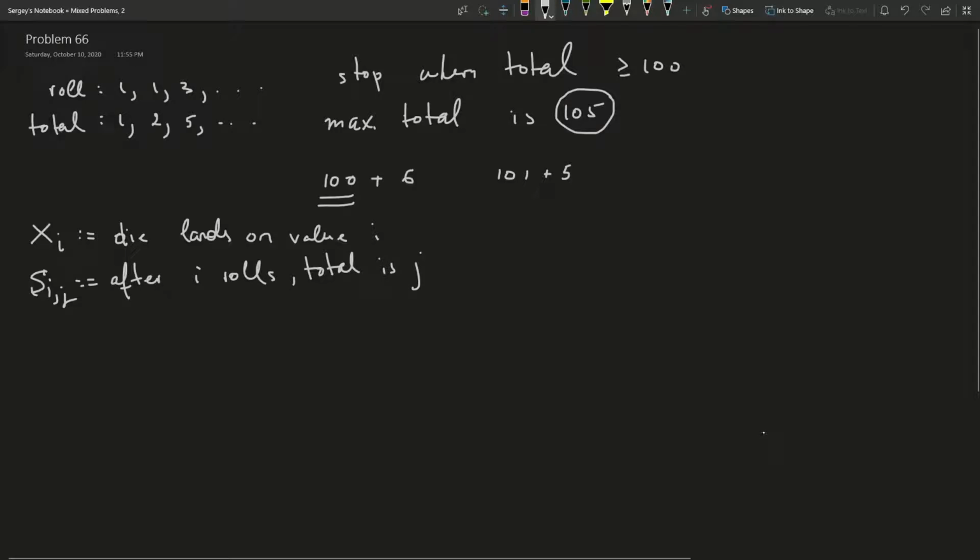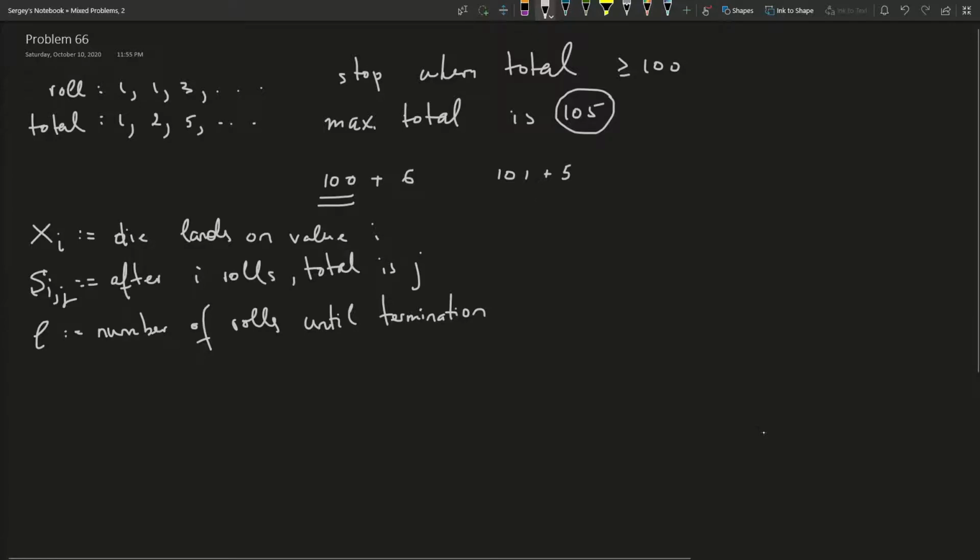And then the number of rolls the process takes to terminate we're going to denote by L. So lowercase l is going to be number of rolls until the process terminates.